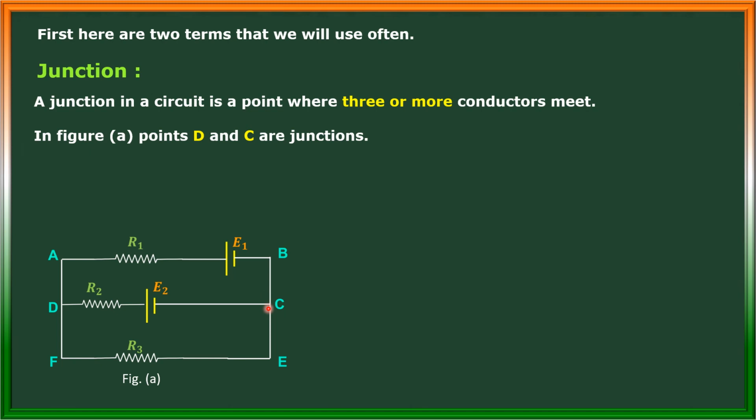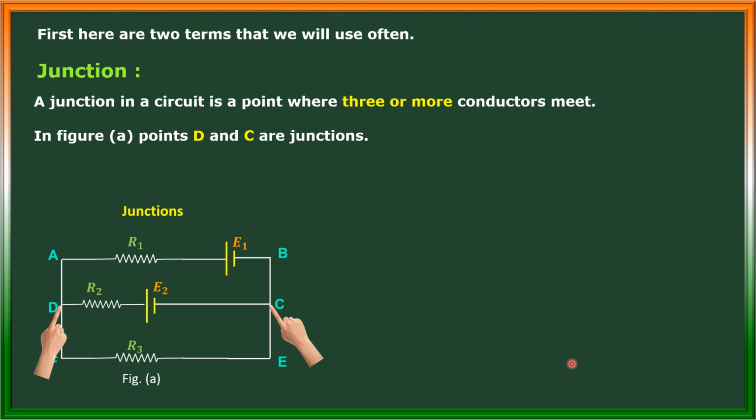Three conductors are joining at point C. However, points A, B, E, F are not junctions, because there only two conductors are meeting. So, a junction in a circuit is a point where three or more conductors are meeting. So D and C are junctions.